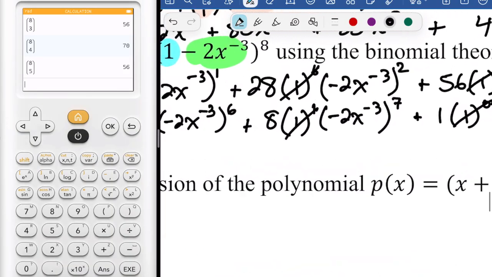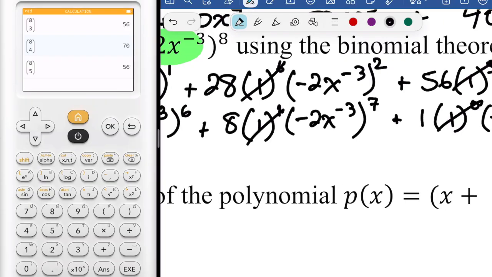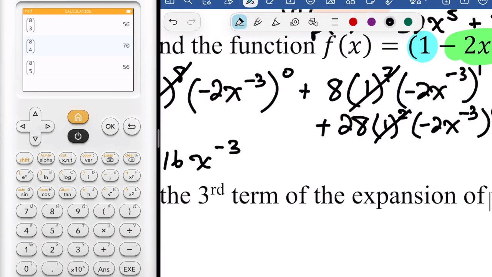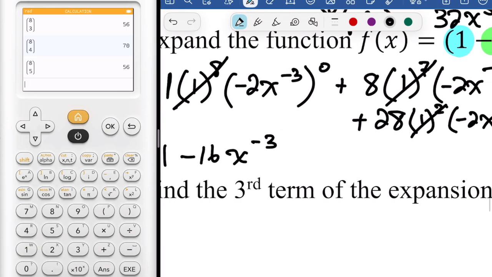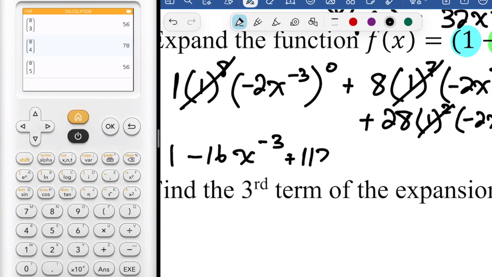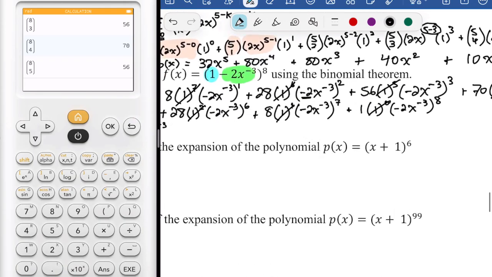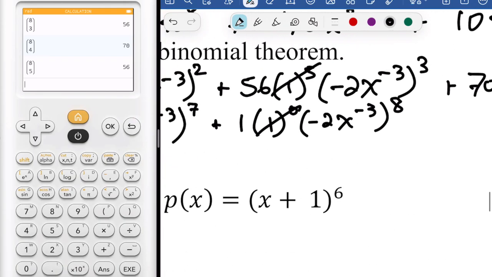All right, and so for this one here, I'm raising the negative 2 to the second power, which is going to be a 4 times 28. So 28 times 4 is 28 times 2, 56 times 2 again, which is 112. So plus 112 x to the negative third. Okay, so cleaning it up a little bit, might get a calculator involved.